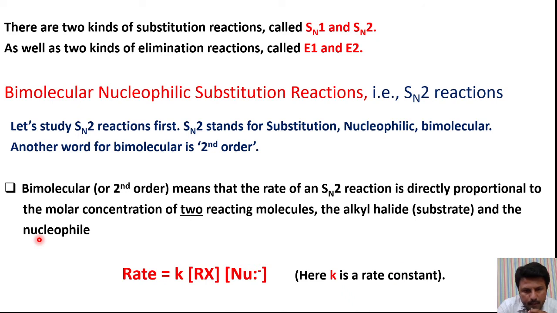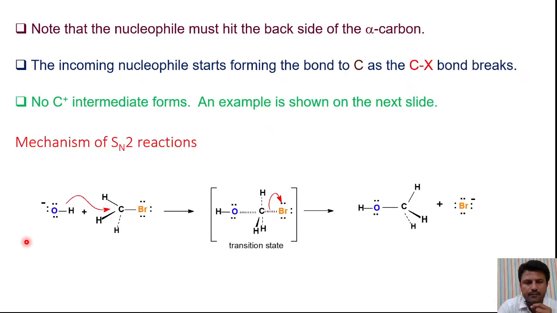So the rate law can be written as rate equals rate constant K times concentration of alkyl halide times concentration of nucleophile. So the rate depends on both the concentration of alkyl halide as well as the concentration of nucleophile.